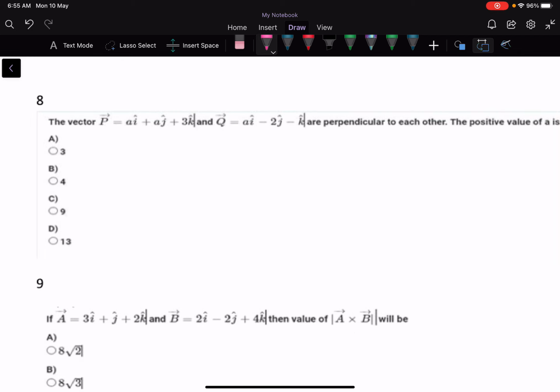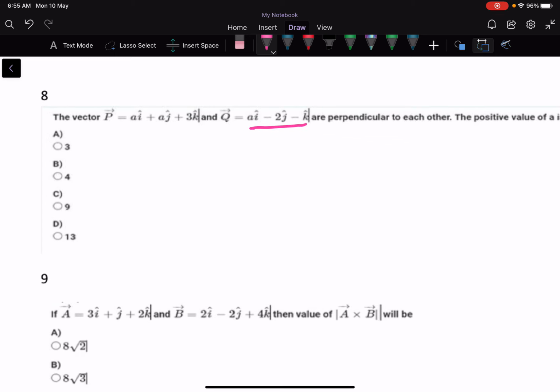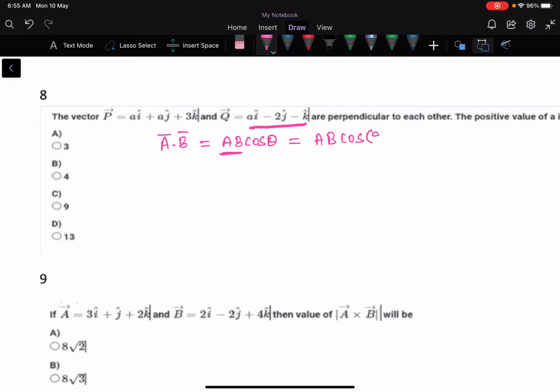Next, the two vectors P equal to ai plus aj plus 3k and Q equal to ai minus 2j minus k are perpendicular to each other. The positive value of a is, as they are perpendicular, P dot Q is equal to, we know the definition of A dot B equal to AB cos theta. As they are perpendicular, the angle between them is 90 degrees, so AB cos 90. Cos 90 is 0, so we should make A dot B equal to 0. Here A dot B is the summation of products of respective components.